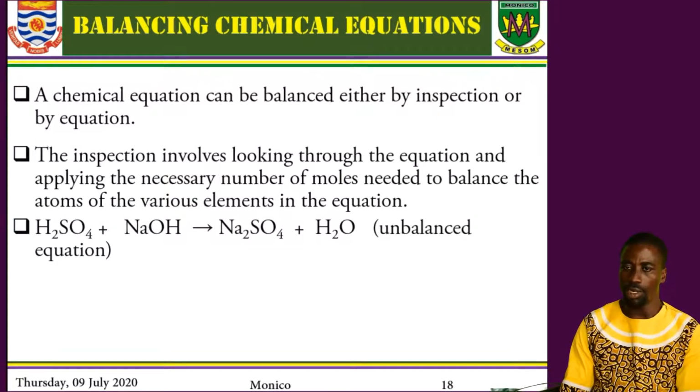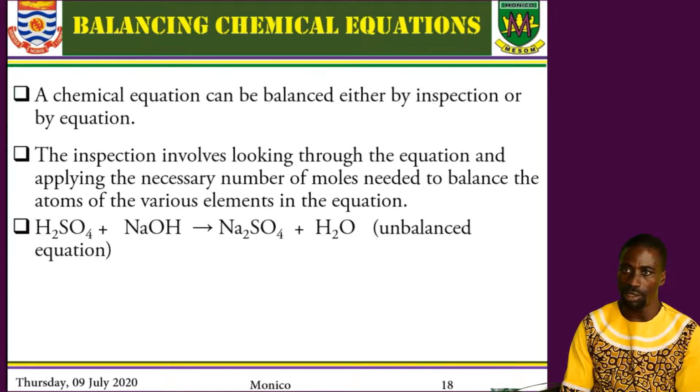Good. So let's look at this equation. When we do it by inspection, for hydrogen, at the reactant side we have 3 hydrogen atoms, but at the product side we have only 2. We have 1 sodium at the reactant side, but 2 on the product side.